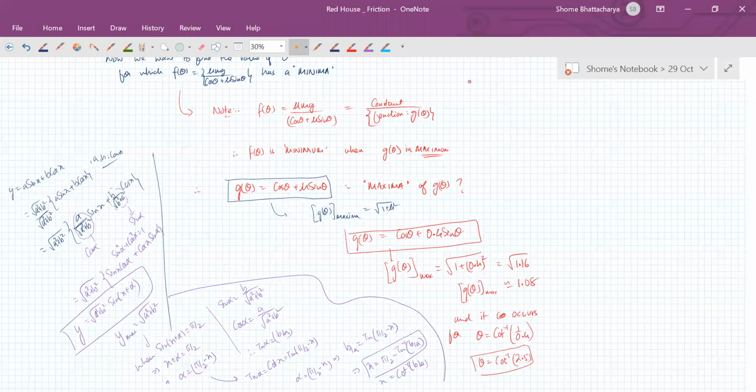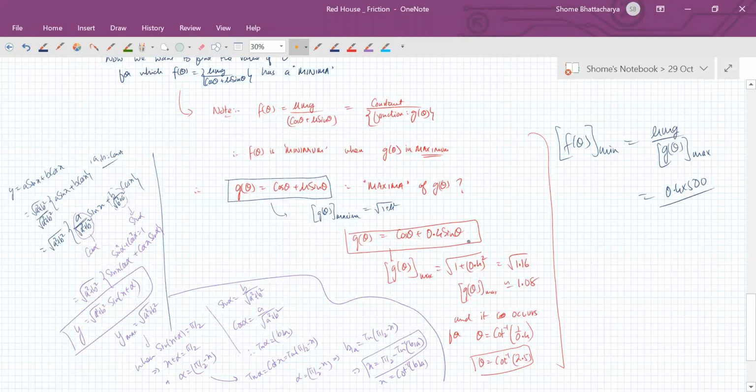Okay. So once we have found this, now we will see that the function f theta's minima was equal to mu mg divided by g theta's maximum. And what was g? This thing. This was 0.4 into 500 divided by this maxima. Now this maxima's value is how much? Is this much?